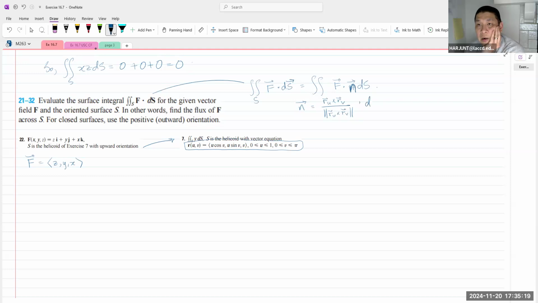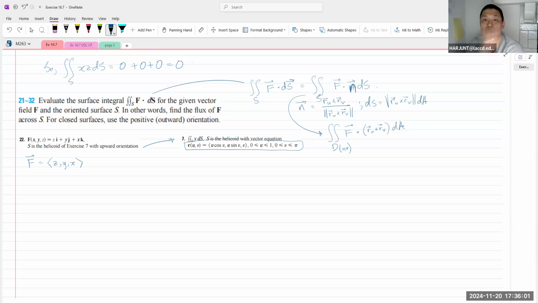However, the dS itself is the magnitude of R sub u cross R sub v dA, right? Okay, so this integral, after some substitution, will give us the double integral over the domain in u and v of the vector field dot R sub u cross R sub v dA. Because these guys actually, when you multiply, they cancel.